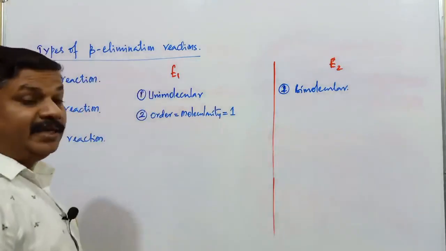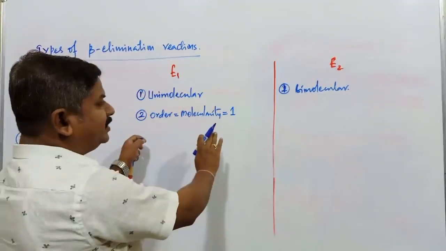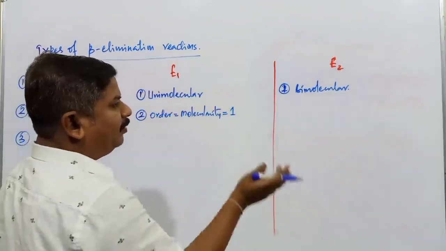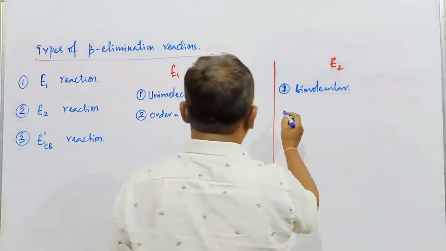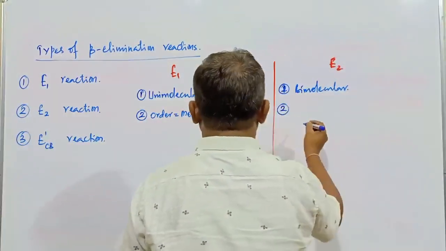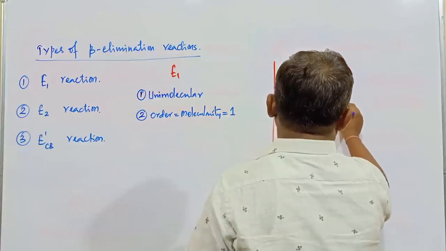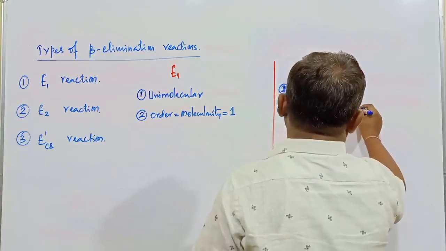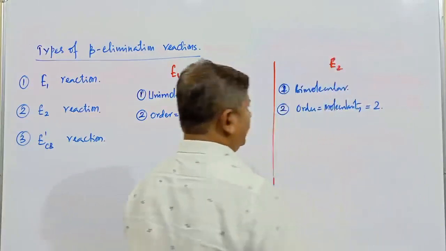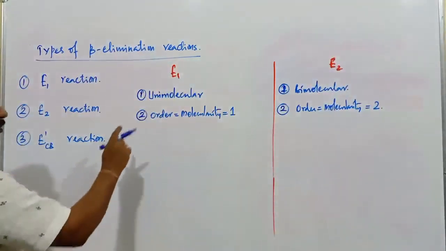Here also, as in SN1 and SN2, there is a kind of similarity between SN1, SN2 as well as E1 and E2. Second one, order is equal to molecularity, that is equal to 2. That is bimolecular, this is unimolecular.